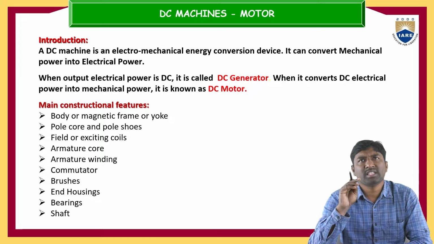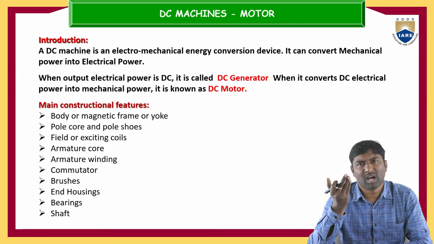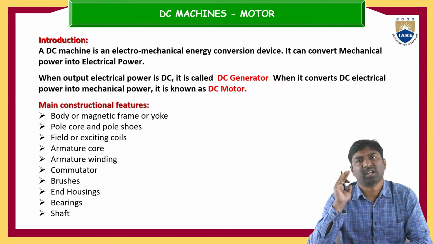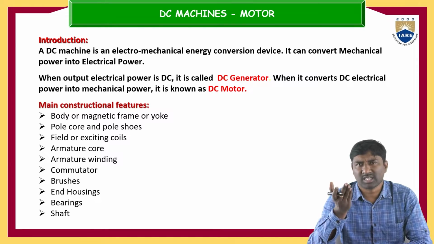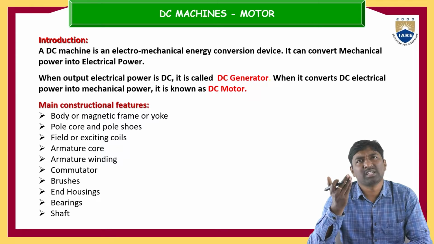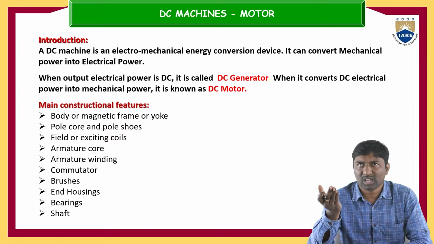That's why a DC machine is an electromechanical energy conversion device, because it converts mechanical power into electrical power or electrical power into mechanical power. When the output electrical power is DC, it is called a DC generator. When it converts DC electrical power into mechanical power, it is known as a DC motor.